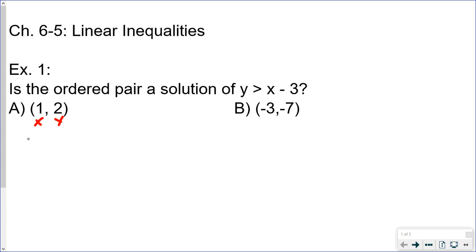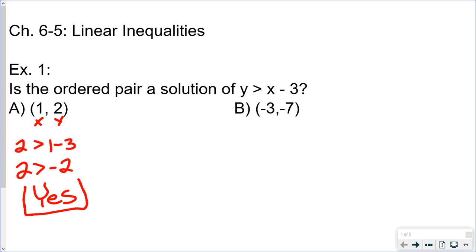So I'm going to plug in 2 for y, and 1 for x. I'm going to simplify this, and I get 2 is greater than 1 minus 3, which is negative 2. That's a true statement, so the answer is yes. 1, 2 is a solution to this inequality.